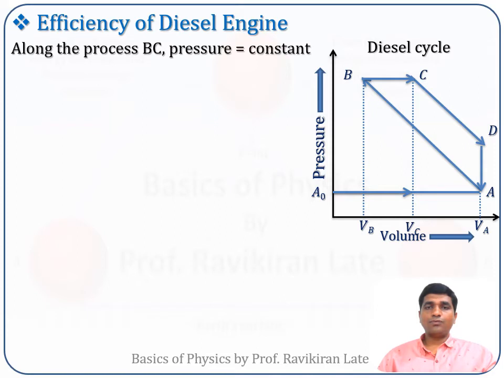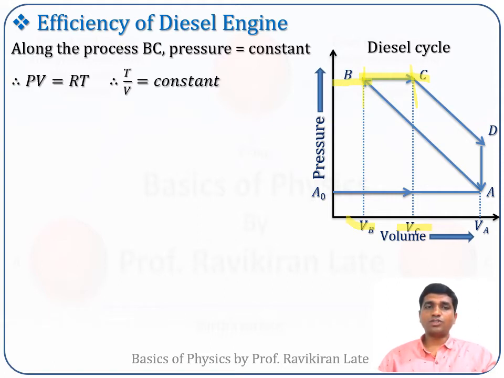Now if you consider the curve BC, from point B to point C the volume is increasing from VB to VC, but during this process the pressure of the system remains constant. So it is an isobaric process.